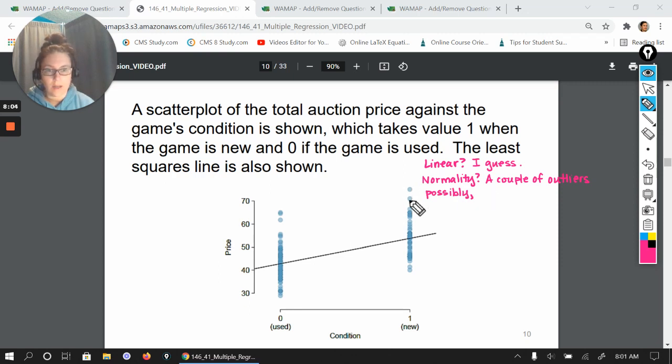I'm talking about maybe these here and these here. How about the constant variability condition?